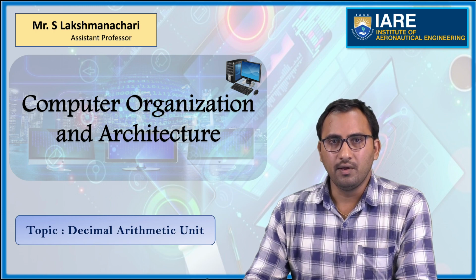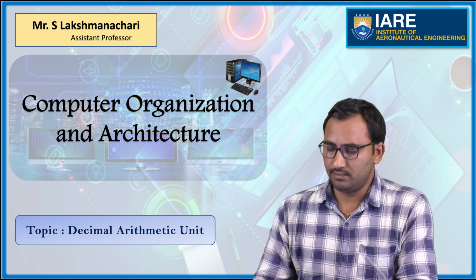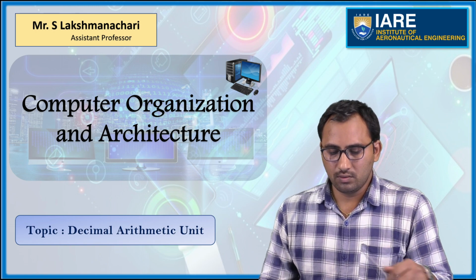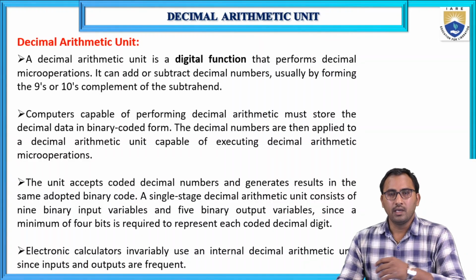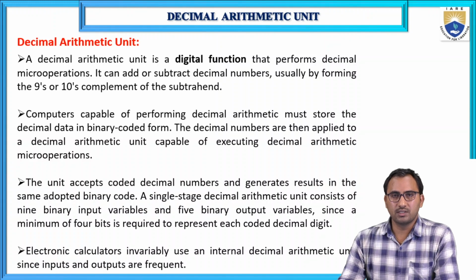In this lecture, we are going to discuss the decimal arithmetic unit. In a digital computer system, we have three main functional parts: the central processing unit, memory, and I/O subsystem.